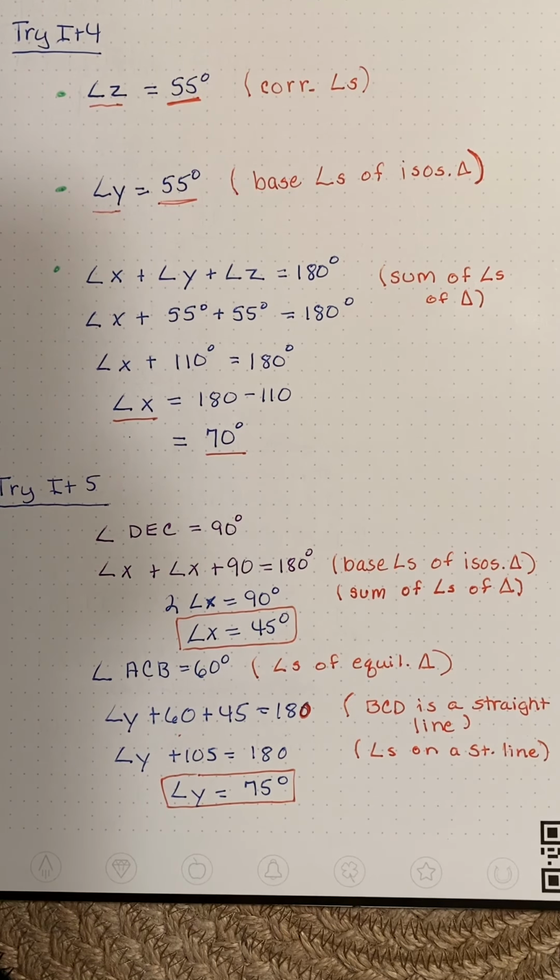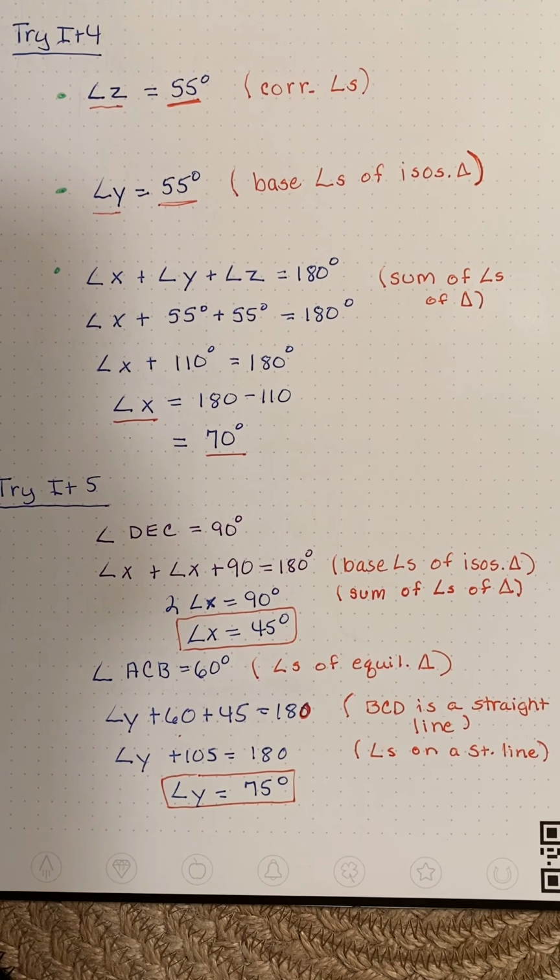I think that's good. Okay, so in try it 4, please look at the figure. You will notice that in that figure it says AB is equal to AC. Therefore, that makes triangle ABC isosceles.